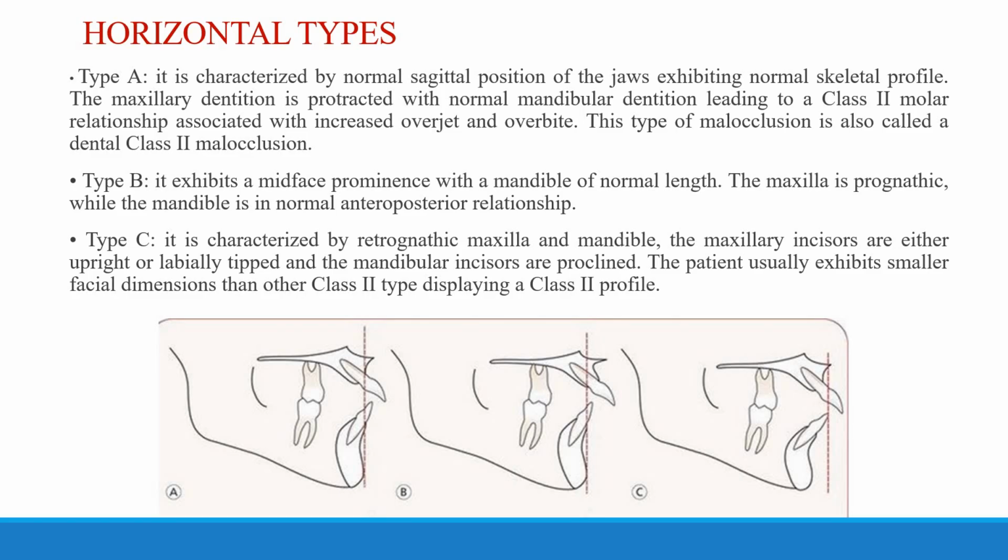This type of malocclusion is also called a dental class 2 malocclusion. Type B exhibits a mid-face prominence with a mandible of normal length. The maxilla is prognathic, while the mandible is in normal anterior-posterior relationship.